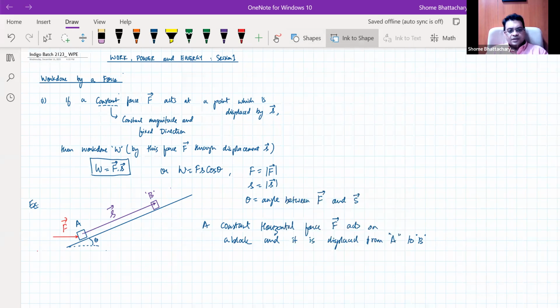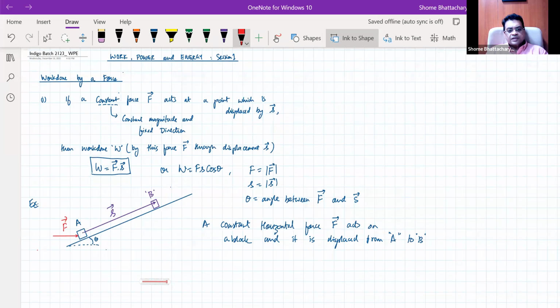So because the inclined plane is at theta to the horizontal, that means the angle between the force vector and displacement vector is also theta only. If I take this force vector aside, it's like this, and then I draw the displacement vector from the same origin, you can see that the angle between displacement and force is the same as the angle that is there between the inclined plane and the horizontal. Okay. This angle theta is the same.